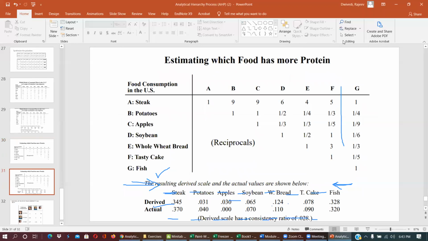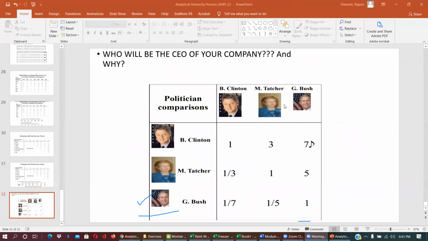So here this is derived and this is actual. So you can see the consistency ratio is less than 3%. So you can see how close this method is applicable.